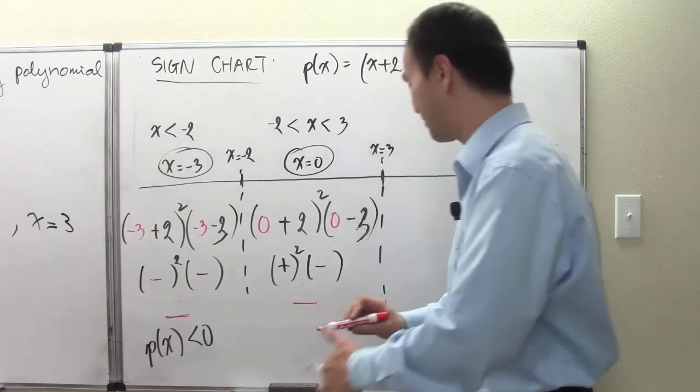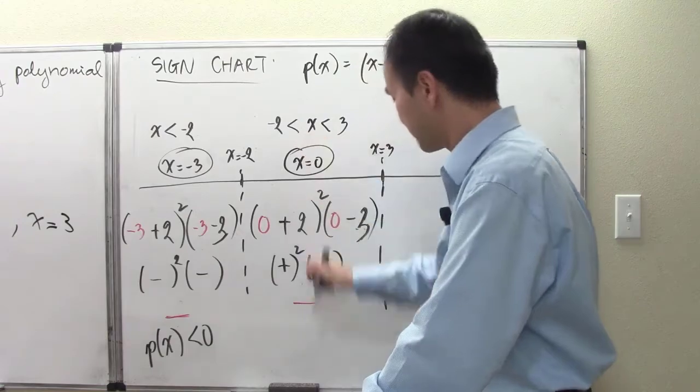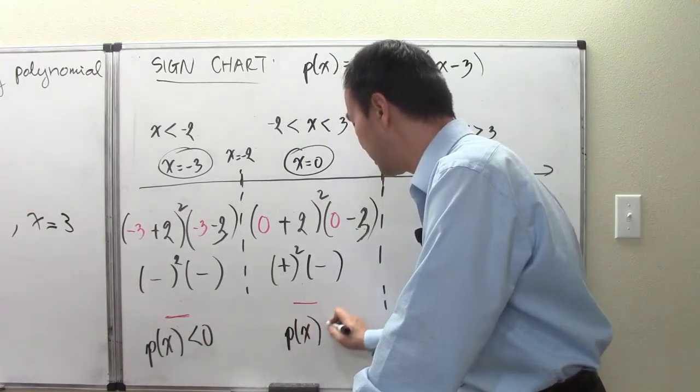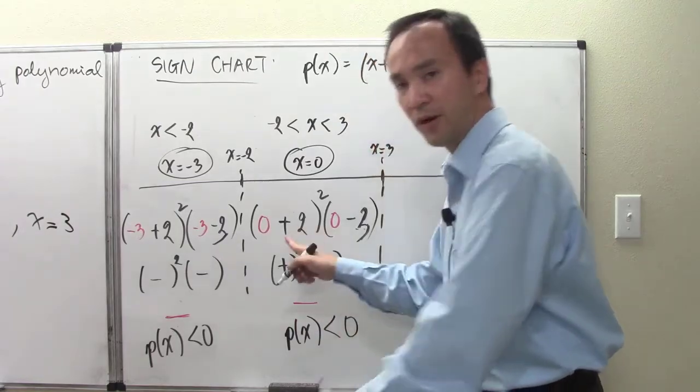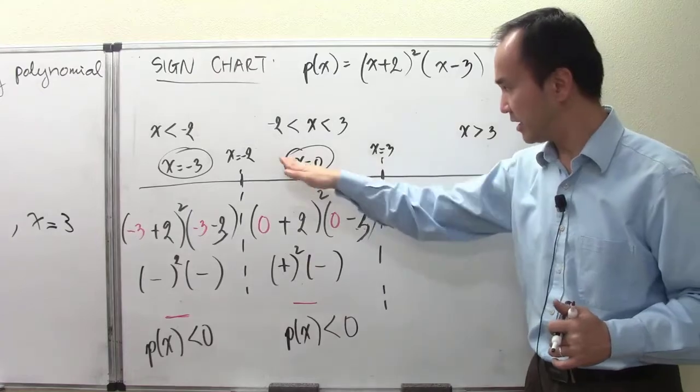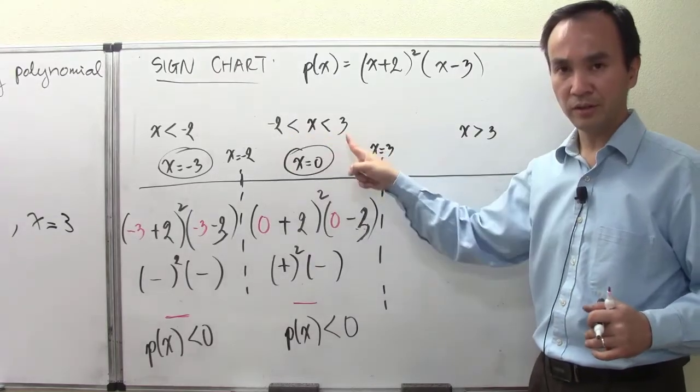So it's a negative output. So p of x, my polynomial, is less than 0 in that interval as well. It's still below the x-axis in this interval, anywhere between negative 2 and 3.